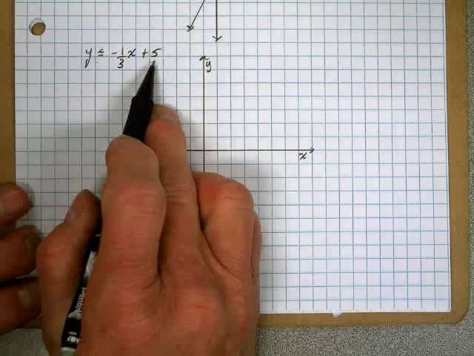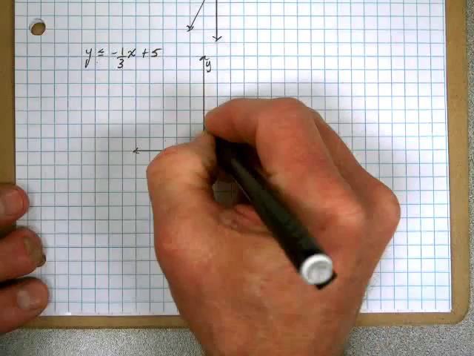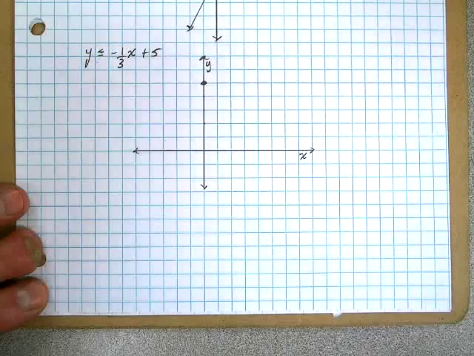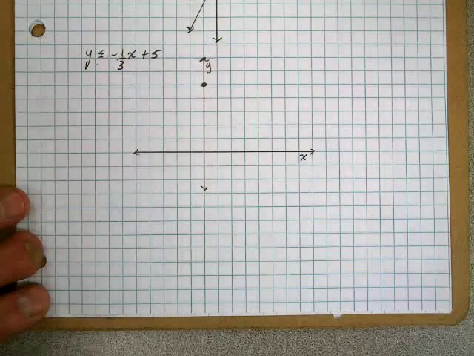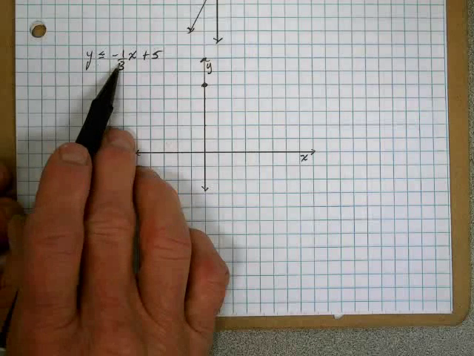We recognize that the y-intercept in this inequality is a positive 5. So 1, 2, 3, 4, 5. So there's our y-intercept.